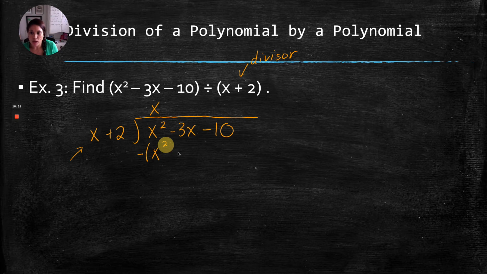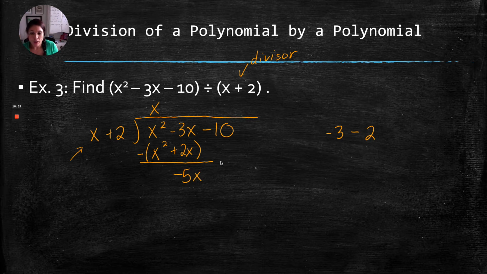So 2 times x is plus 2x. Put this in parentheses. So always this first line here is going to cancel. x squared minus x squared, it's just 0. So we don't have to write anything. Now if you have to do a little math on the side, that's okay. Negative 3 minus a positive 2 is going to be a negative 5x.